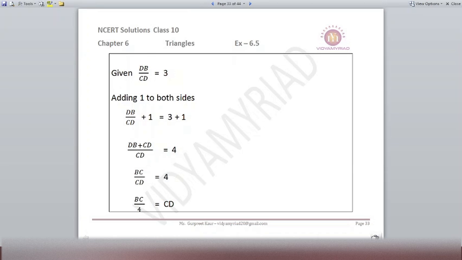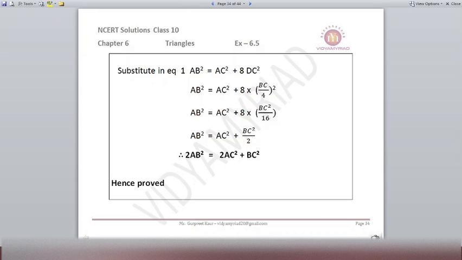Now I will substitute BC upon 4 in place of DC square, which was there in equation number 1. So AB square is equal to AC square plus 8 into BC upon 4 the whole square. When I solve it, it becomes 8 into BC square upon 16. It gets cancelled, that becomes 2. So at the end we get twice of AB square is equal to twice of AC square plus BC square, and hence we have proved it.